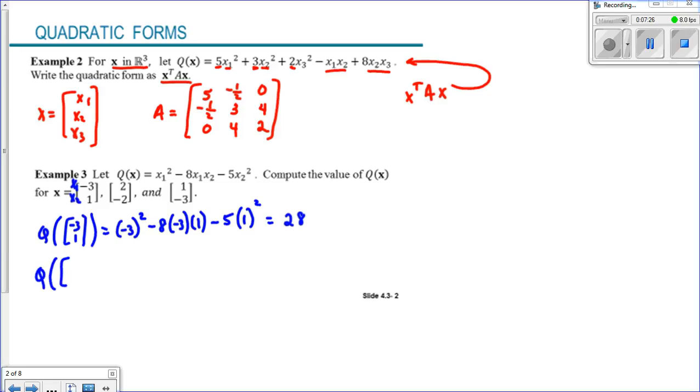Q of 2, negative 2 will be 2 squared, minus 8 times 2 times negative 2, minus 5 times negative 2 squared. So that'll be 4 plus 32, so that's 36, minus 20 is 16.